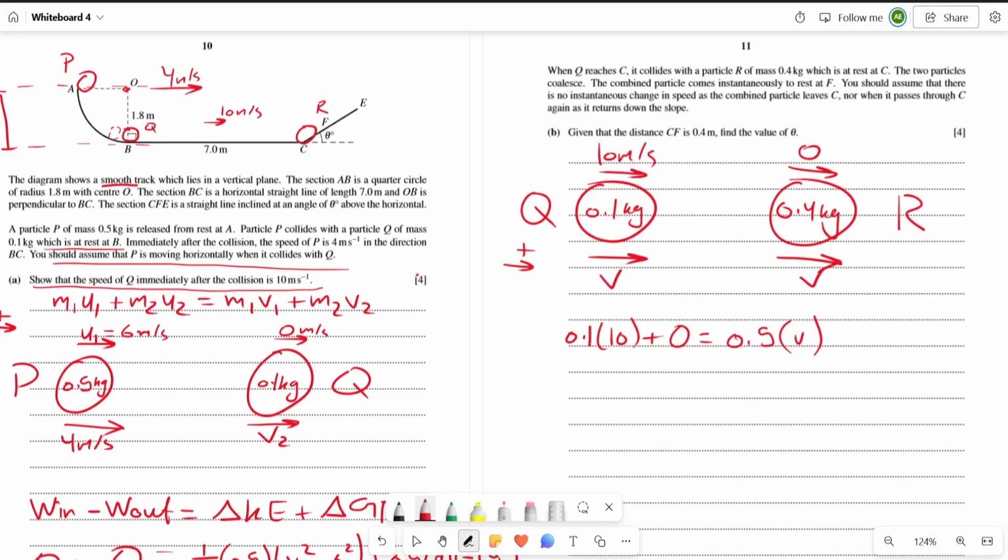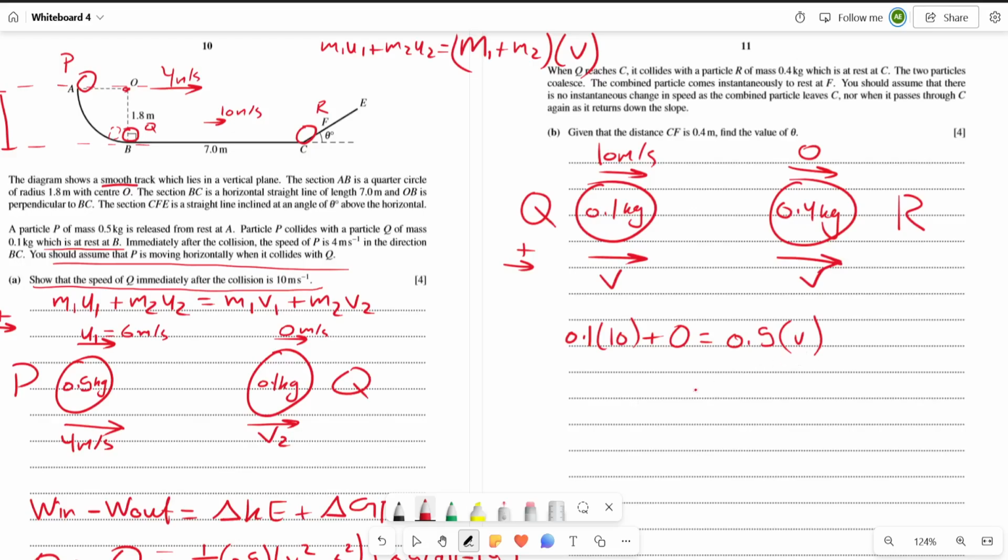So the equation for particles that combine together is going to be m1u1 plus m2u2 equals m1 plus m2 times a single velocity v.